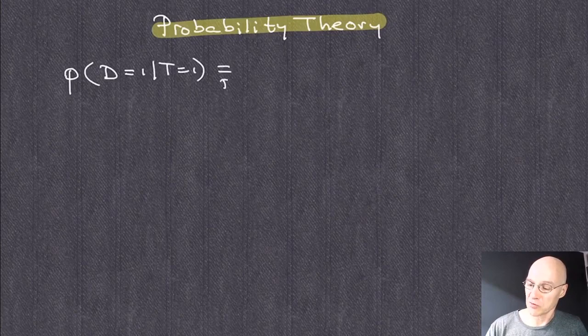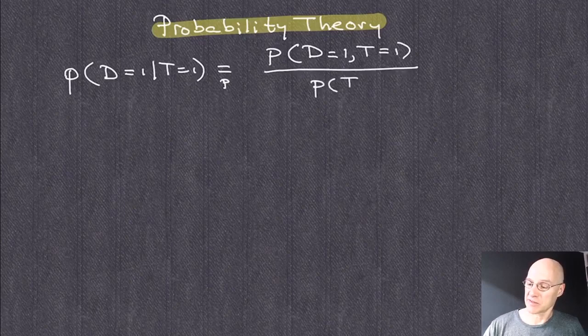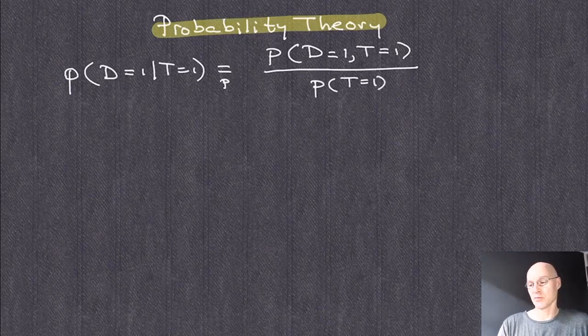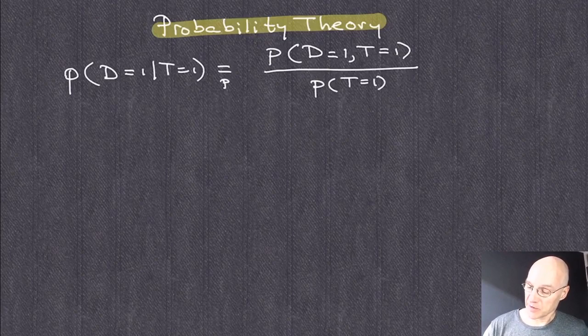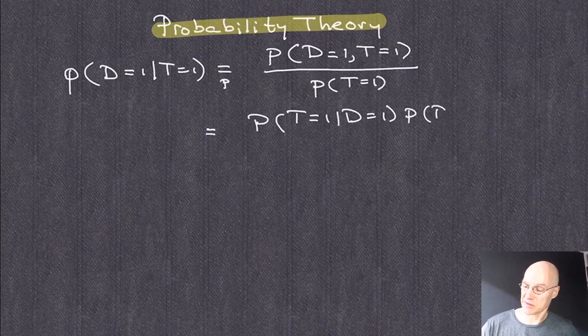I can use the product rule and say that's the probability that somebody has the disease and the test is true, divided by the probability that the test is true. That's just the product rule. The numerator I can rewrite as the probability that the test equals true given the disease is true, times the probability the disease is true. That's also according to the product rule.